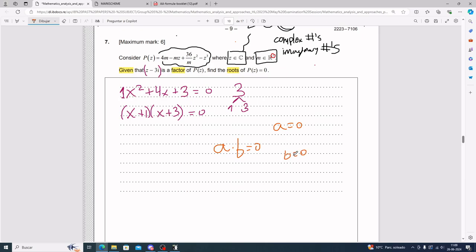There's no other way for two numbers multiplying to equal 0. One of them has to be 0. So the roots would be: either x plus 1 equals 0 or x plus 3 equals 0, and from there x equals -1 or x equals -3.